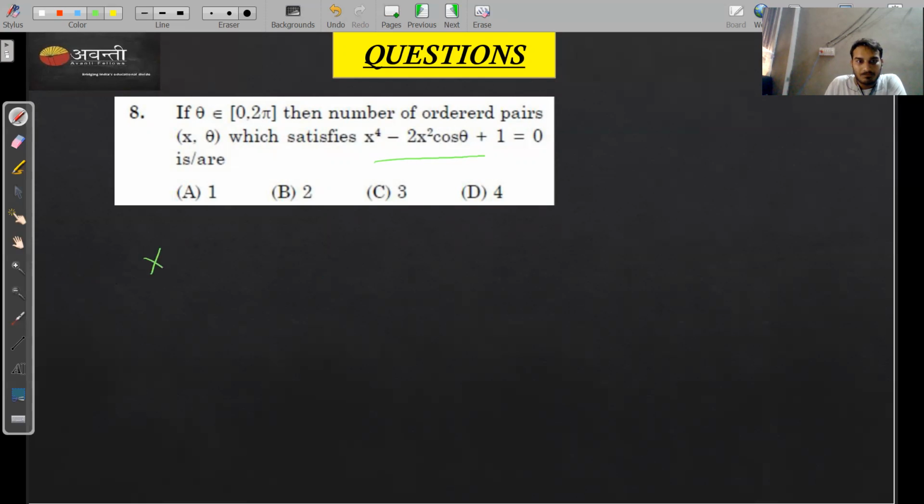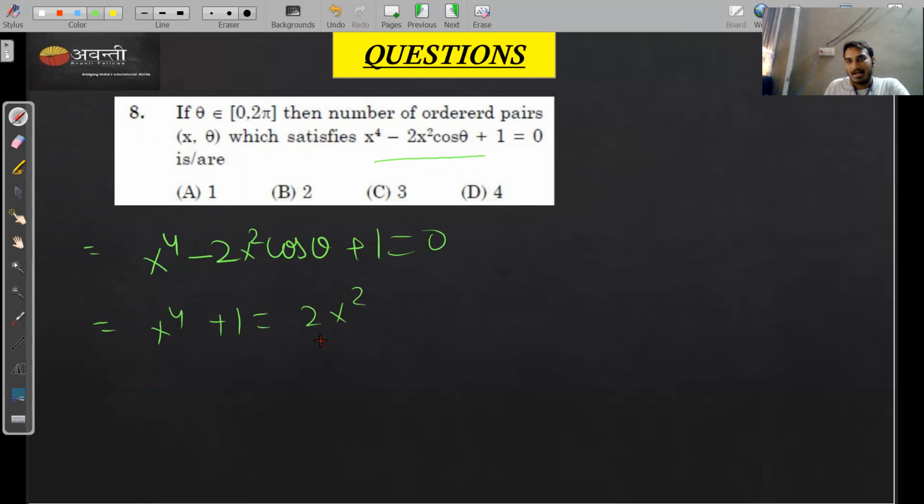See, what I'm doing is x raised to the power 4 minus 2x square cos theta plus 1 equal to 0. So plus 1 is equal to 2x square cos theta. Okay, divide the equation by x square. Sorry. So you get x. See, I'm writing it on the next page.